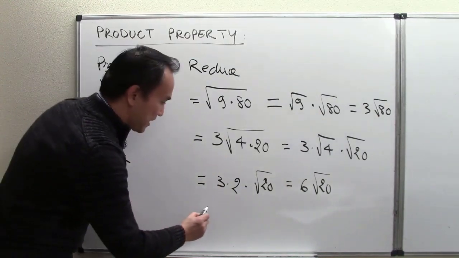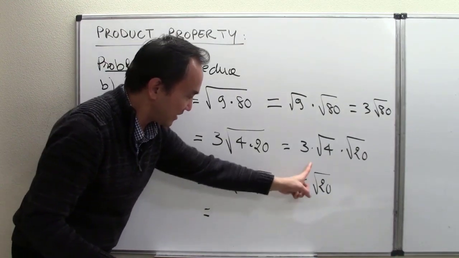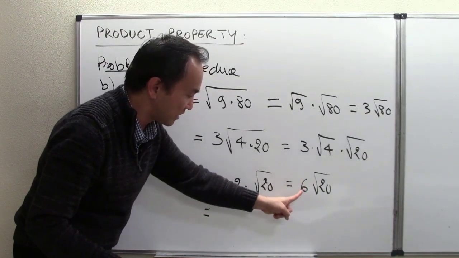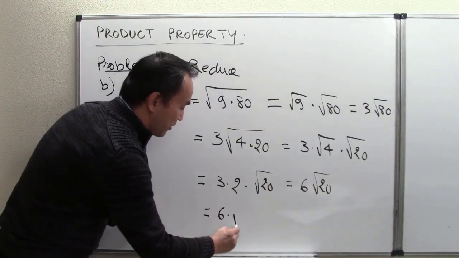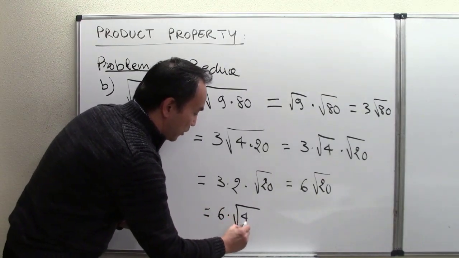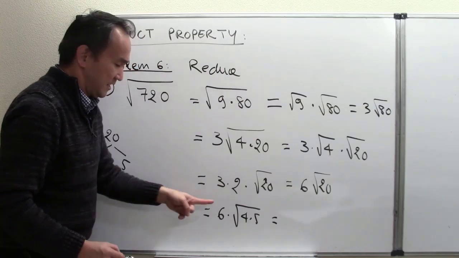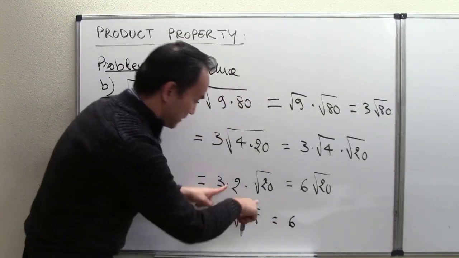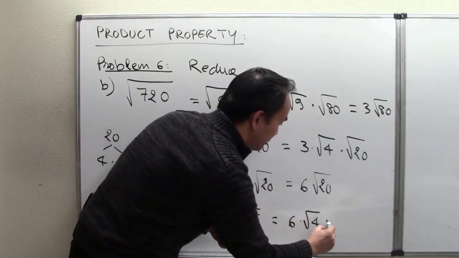From that earlier step, I reduced it down to the product of 6 and the square root of 20. Now 6, I'm going to leave here. The square root of 20, I'm going to rewrite as the square root of 4 times 5. And one more time, I'm applying the product property. So think about this expression as 6 times the square root of 4 times the square root of 5.